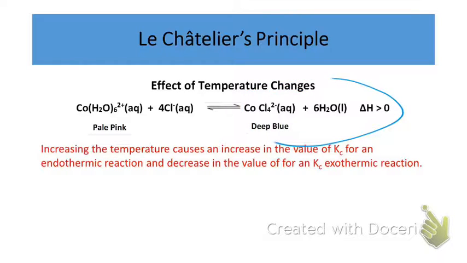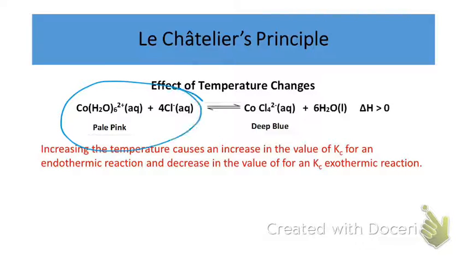However, if our Kc value is really small, then the equilibrium position should lie to the left, and the solution should look pale pink, because our reactant concentration would be much higher than our product concentration.